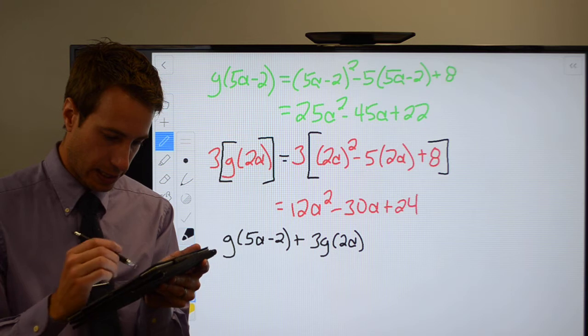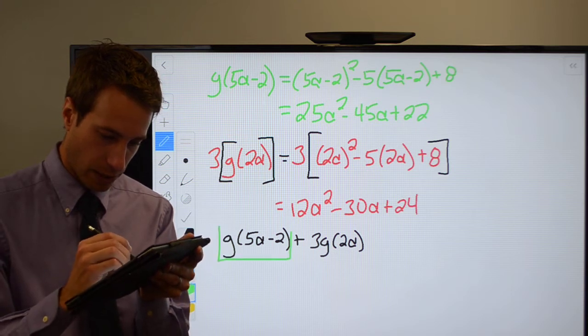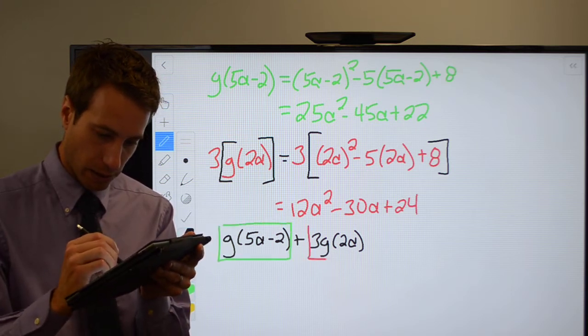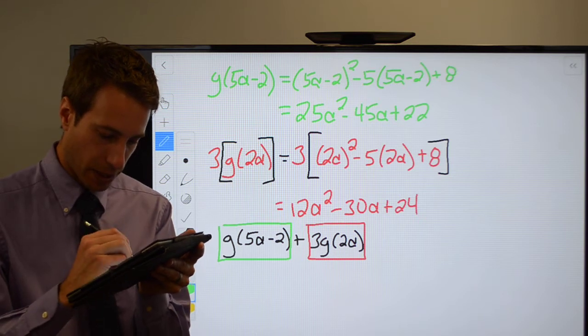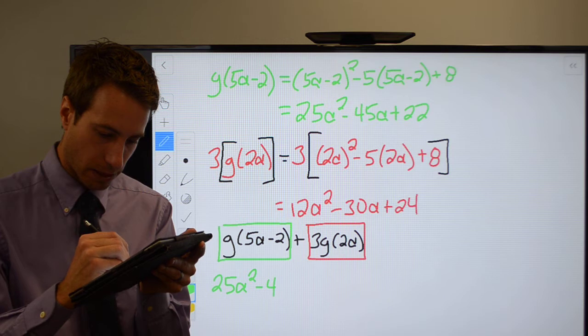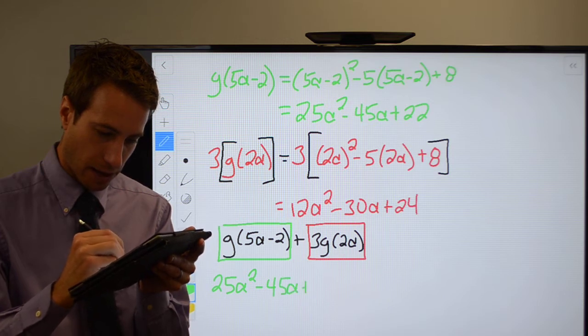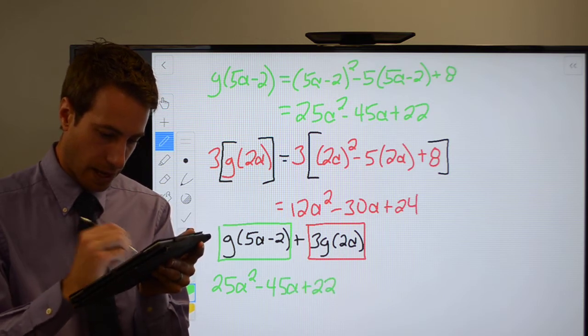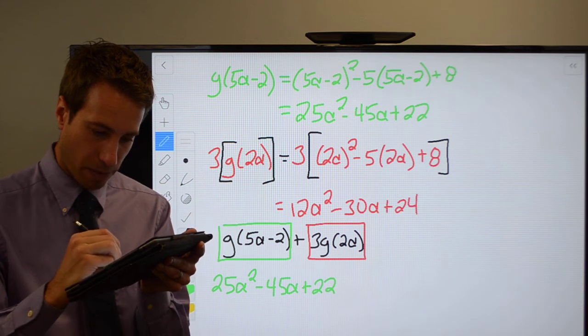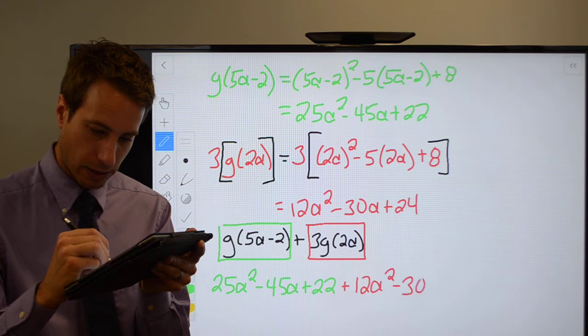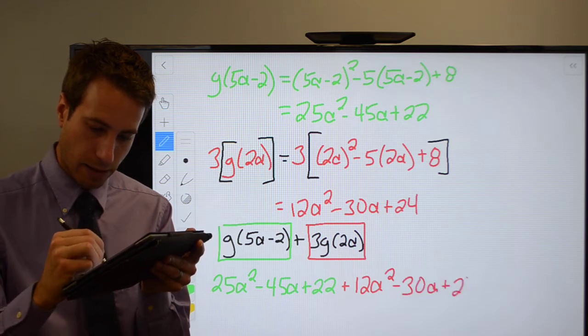Remember the way that we did this? This part was in green. This part was in red. So here we go. Here's my green part. 25a squared minus 45a plus 22. And then this is my red part, plus 12a squared minus 30a plus 24.